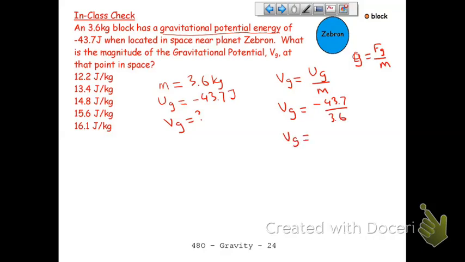So VG is equal to whatever that works out to be, a number. 43.7 divided by 3.6 is equal to minus 12.138. Minus 12.138. And the units are going to be joules for every kilogram.